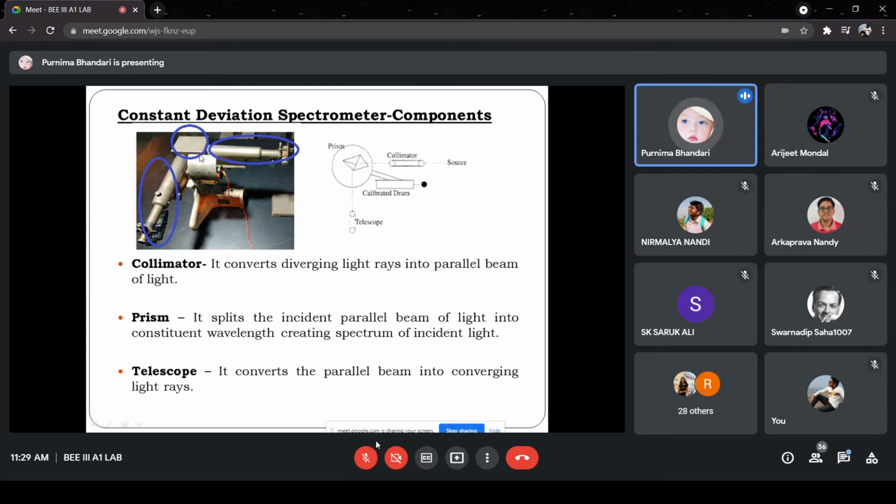Then it will fall on the prism. Different wavelengths will fall on the prism, and the prism will split the incident parallel beam of light into constituent wavelengths, creating the spectrum of incident light. Then the telescope will convert the parallel beam into converging light rays, and we will be able to see it.